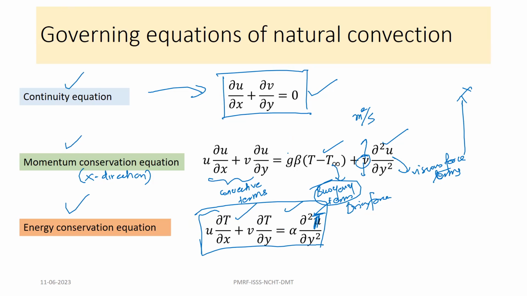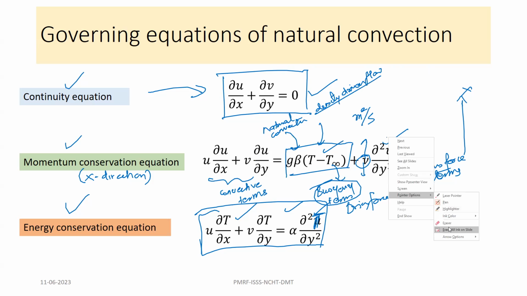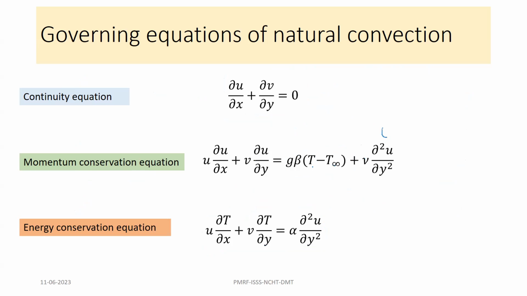We can make this substitution because it is natural convection, a density driven or buoyant force driven flow. That's why the temperature term is coming. Another aspect to note here is that the temperature and velocities are coupled.